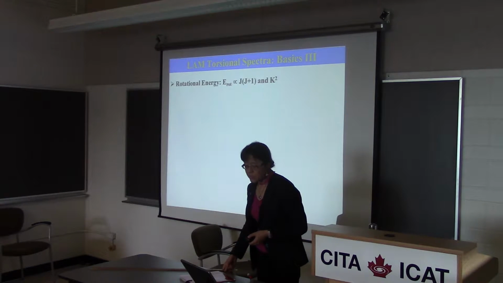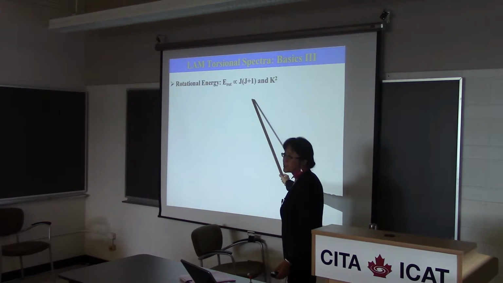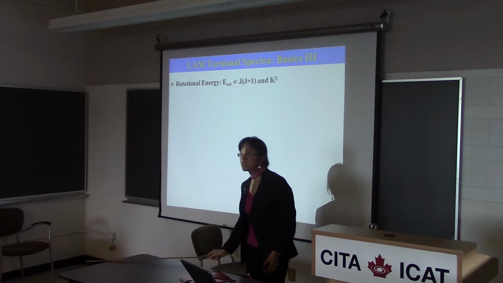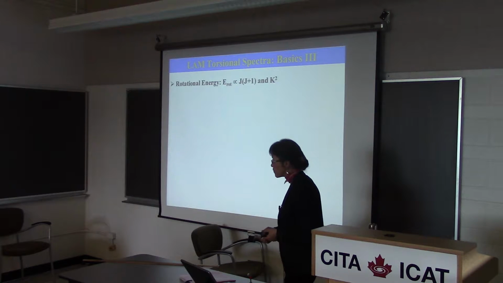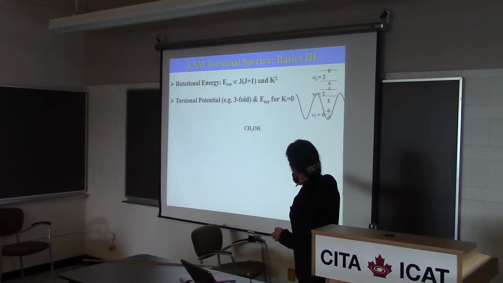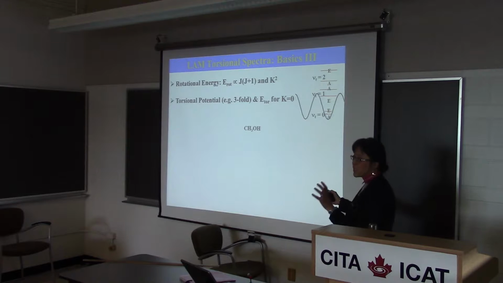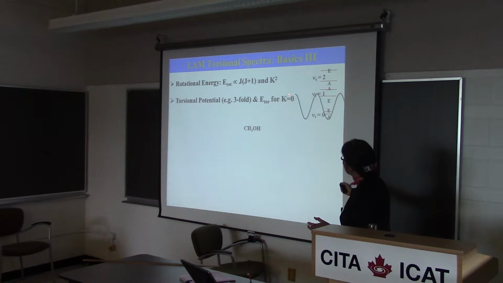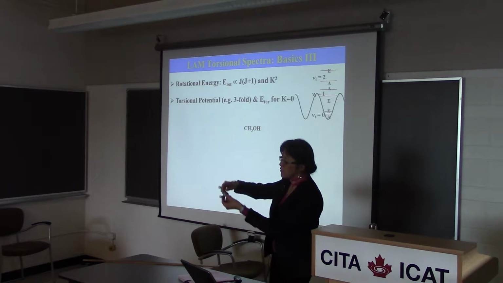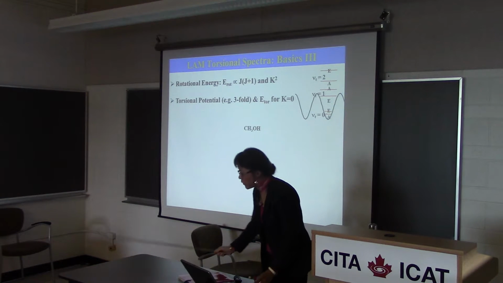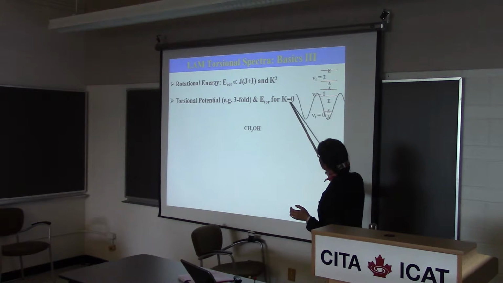So there is a certain advantage to studying big molecules, theoretically speaking, as well. The third basic I want to tell you is when we turn on the rotation, J is the overall rotation quantum number, and K is the projection of J onto the molecular axis. The rotational energy is a function of J(J+1) and K squared. When we look at the rotationless molecule, in other words K equals 0, this is the barrier to internal rotation. You can think about the framework passing one hydrogen, passing another hydrogen, 3-fold.